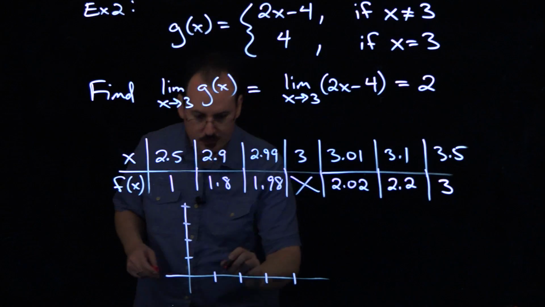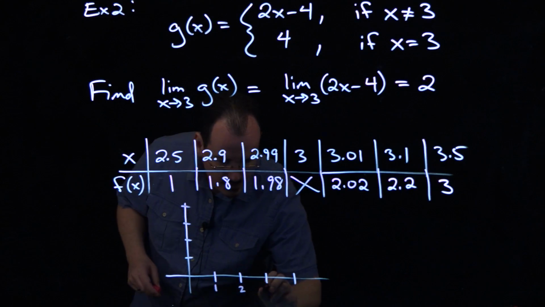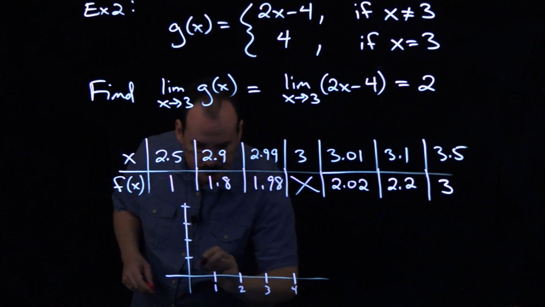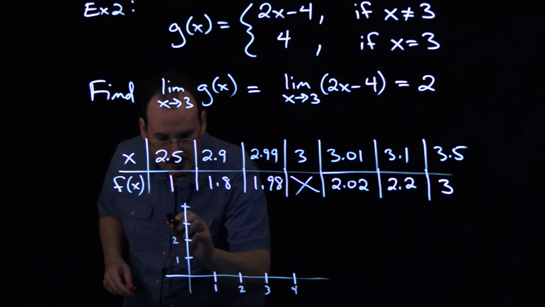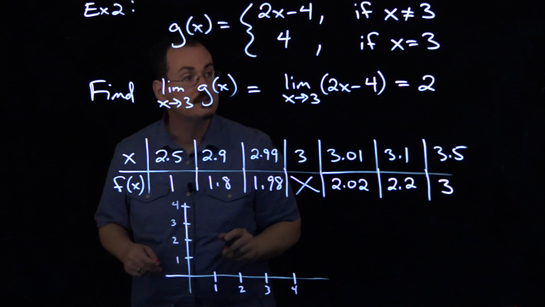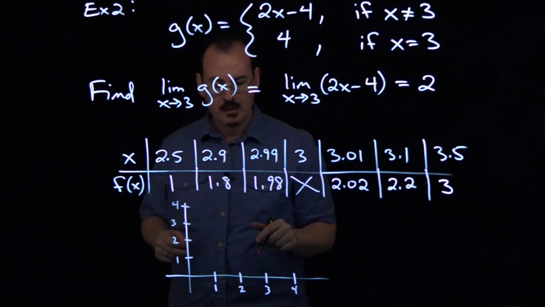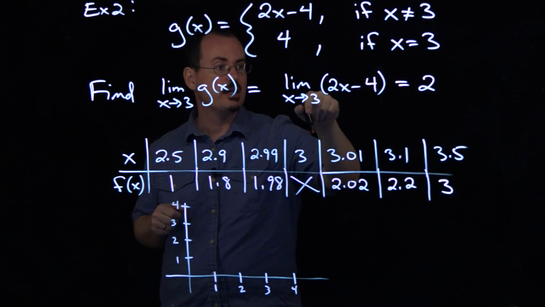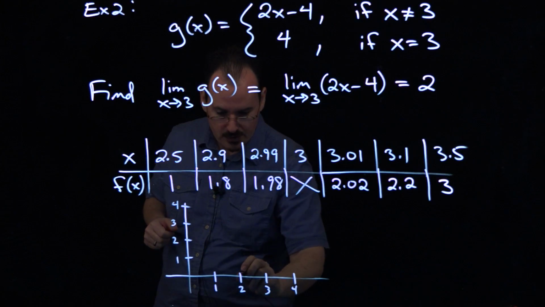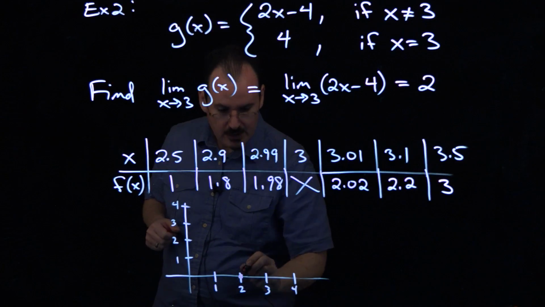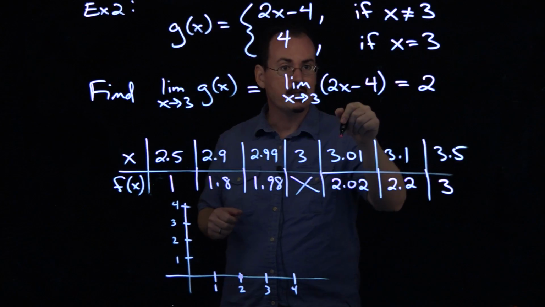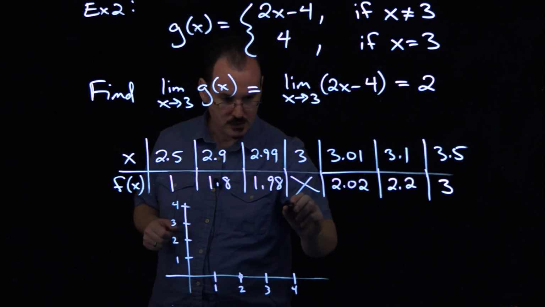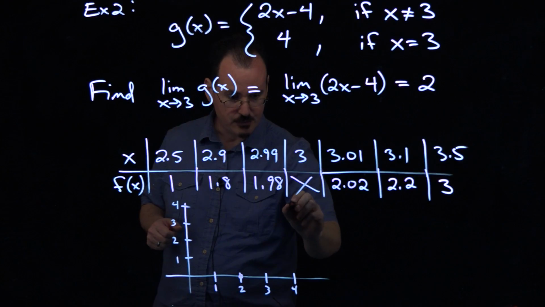I'll put in a few x values, a few y values. Okay, and since it's linear, really all I need is 2 points. So let's suppose we pick the number 2. If I plug in 2, I get 0. So the output is 0 at 2. If I plug in 4, the output I get is 4. So it's basically going to go through these 2 points here.